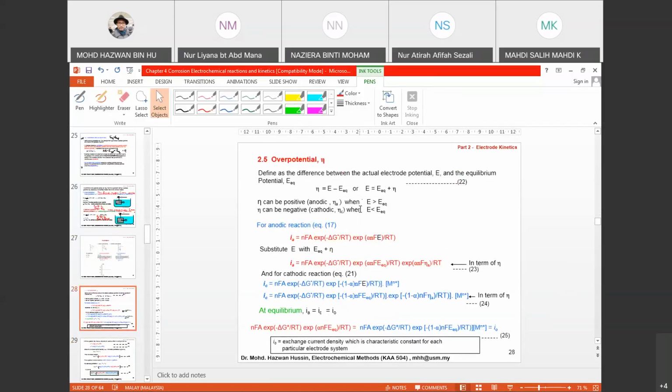All right. So what is meant by overpotential? Overpotential is defined as the difference between the actual potential and the equilibrium potential. So always remember that in this equation, eta is equal to applied potential minus equilibrium potential.